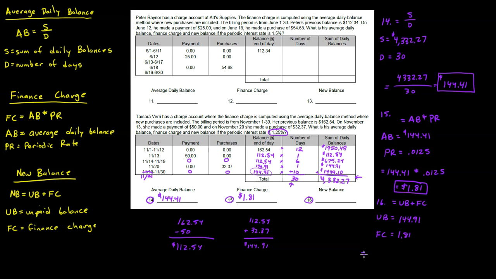So I'm going to add those together, 144.91 plus 1.81, and that's going to leave me with 146.72. So my new balance at the end of that month is $146.72.